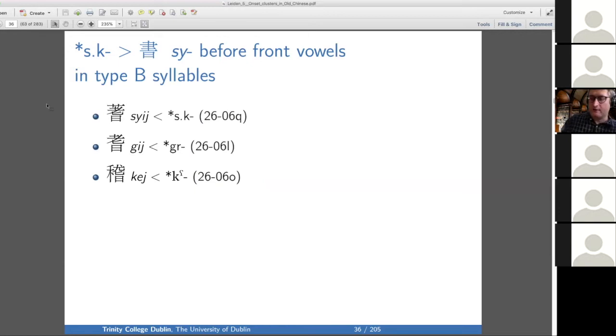I presented these changes already, and now I'm giving you the evidence. So here's a velar series, and you notice one with a high front vowel, and evidence for ska because there's a sh that is intruding into it.